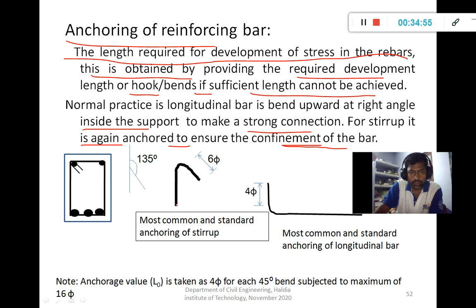Now, how are the stirrups anchored? This is the most common and standard anchoring of the stirrup.